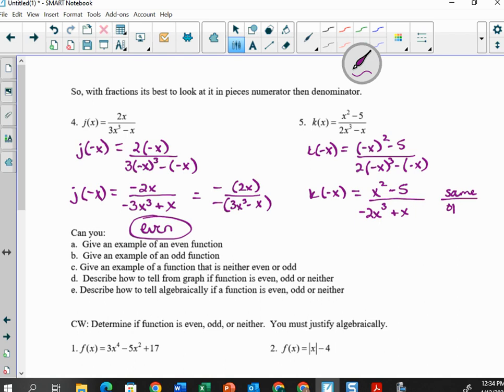Denominator's opposite, so overall, yes, that is odd. What happens when you square a negative? It becomes positive. What's a negative times a negative?